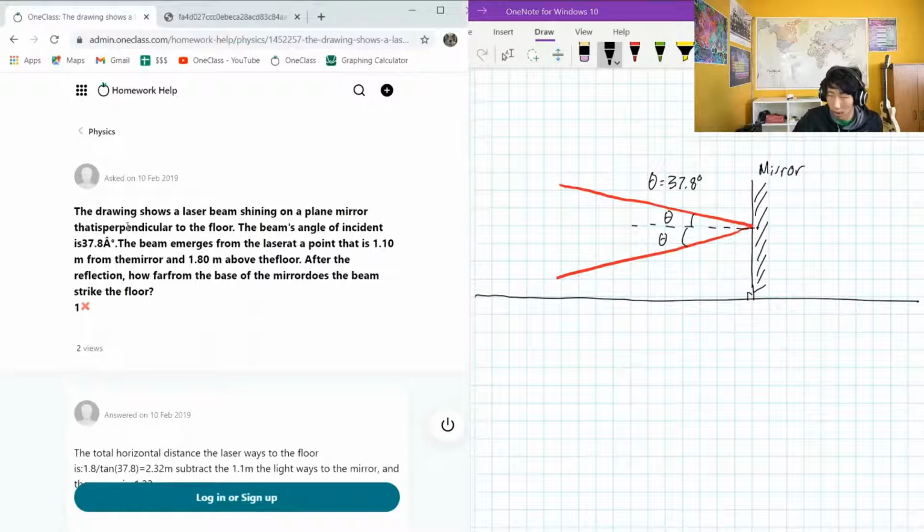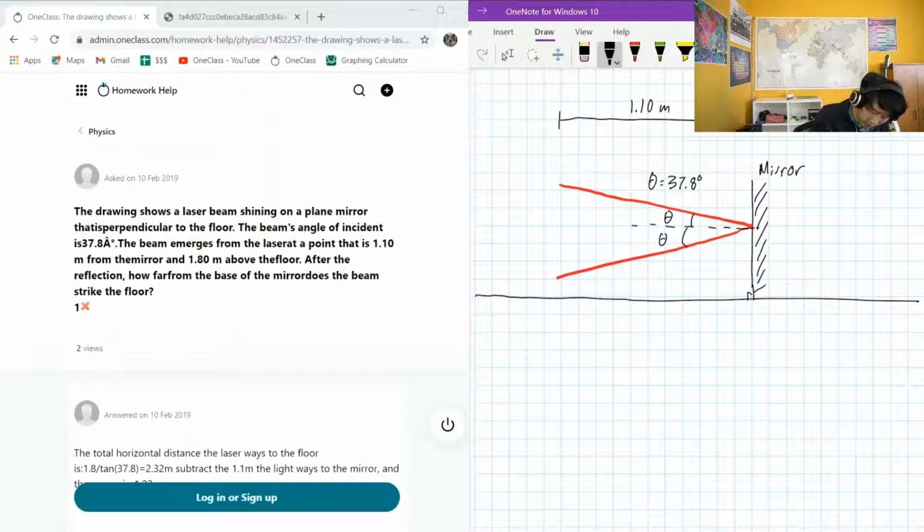Okay, cool. The beam emerges from a laser that is 1.10 meters away from the mirror, so this distance right here, 1.10 meters, and 1.8 meters above the floor.